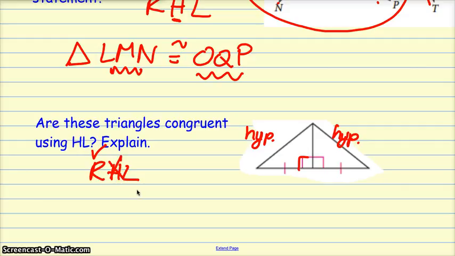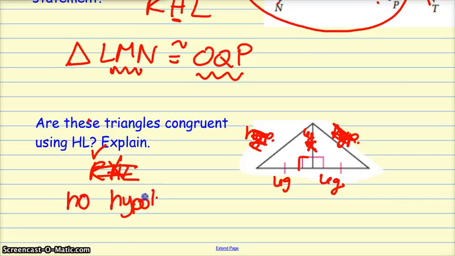No, because the hypotenuse wasn't given. What was given? A leg, and using the reflexive property, I could have gotten the other leg, but because the hypotenuse is not marked congruent, I can't use this theorem. So the explanation: no hypotenuse was given.